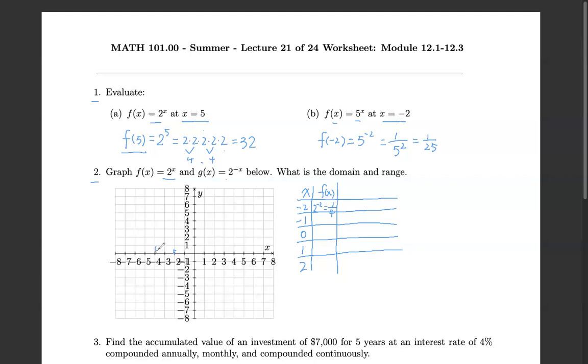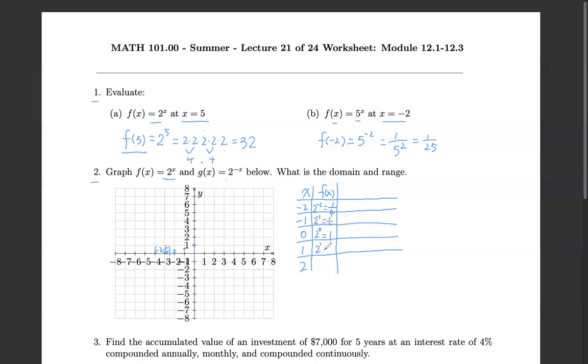Then -1: 2 raised to -1 is 1 over 2 raised to 1, which is a half. So at -1, we get a half. We get this point. Then 0: 2 raised to 0, or anything raised to 0, is 1. So we get 0, 1, the y-intercept, this point.